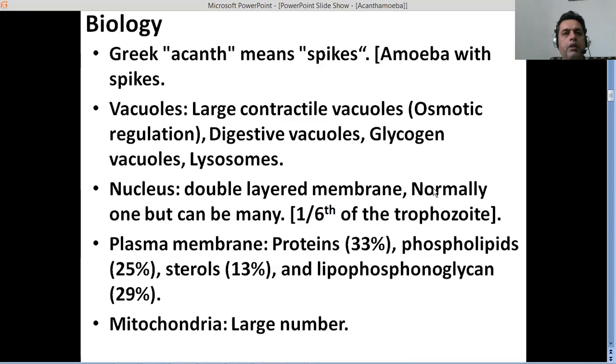By looking at the biology of this particular parasite, acanth is a Greek word which means spikes. You can say that it's an amoeba with spikes. Spikes are very popular these days because of the coronavirus spikes that people are talking about.